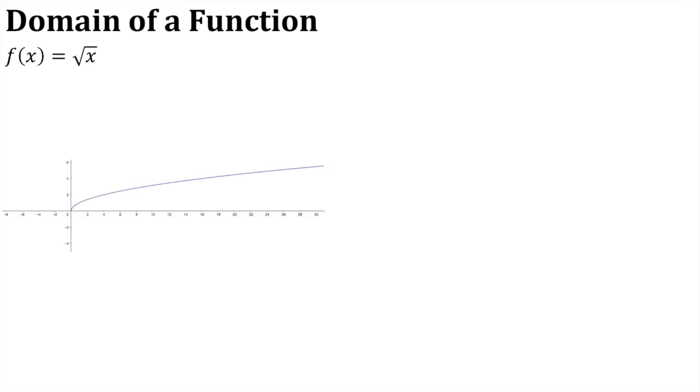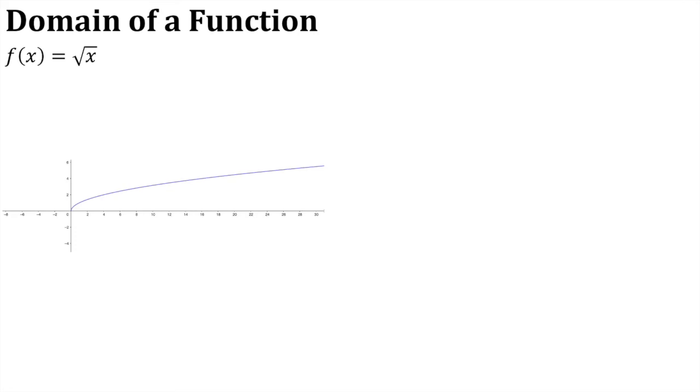So if we just look at the graph, that reinforces this idea. Remember, you can take the square root of a positive number, so that's why the graph actually happens on the right hand side of the y-axis. You can take the square root of 0, that's 0, so there's a point 0, 0 there, but you can't take the square root of a negative number. So you'll notice there's nothing happening on the left hand side of the y-axis because you can't take the square root of a negative.